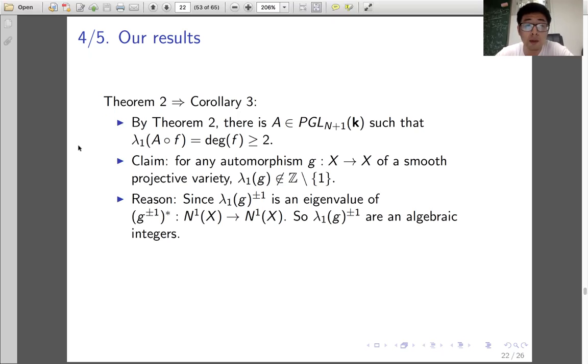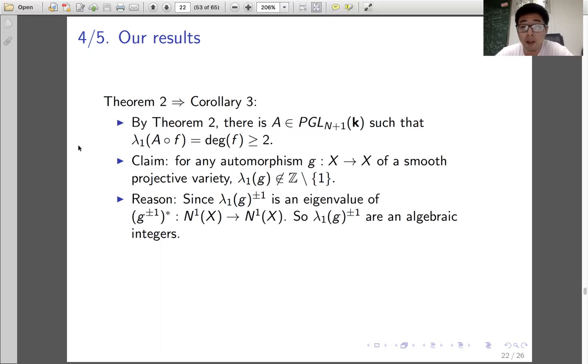We claim that for any automorphism G from X to X of a smooth projective variety, lambda_1(G) is not contained in Z_{≥2}. The reason is that lambda_1(G)^{±1} is an eigenvalue of (G^{±1})^* on the Néron-Severi group N^1(X).